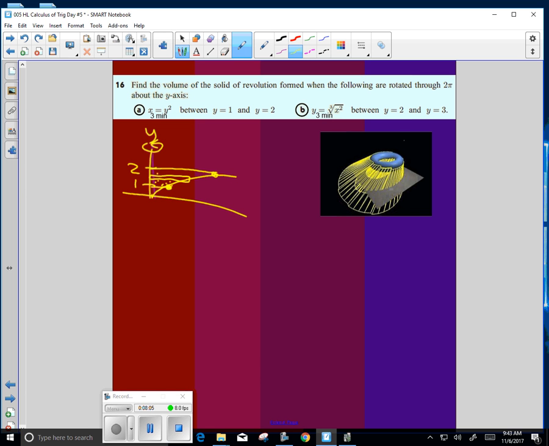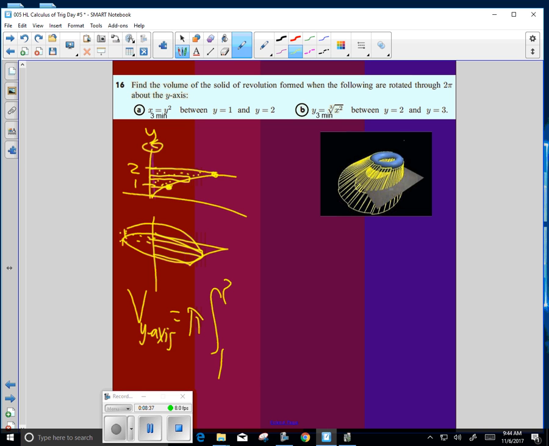We're rotating this about the y-axis. So we still have these cylinders that look like this. And the volume about the y-axis is still pi, and we're going from 1 to 2 because the y's are determining the starting y, ending y.